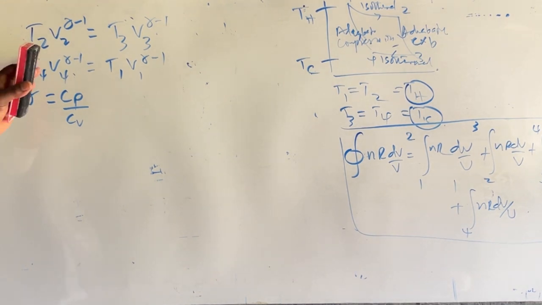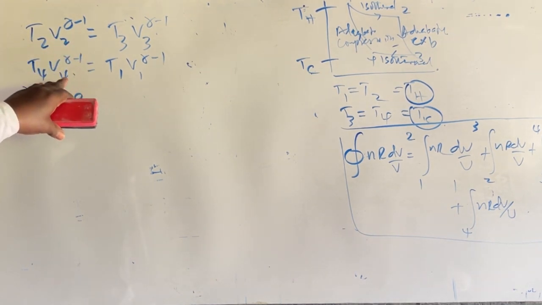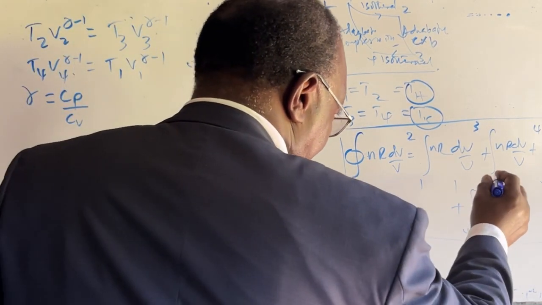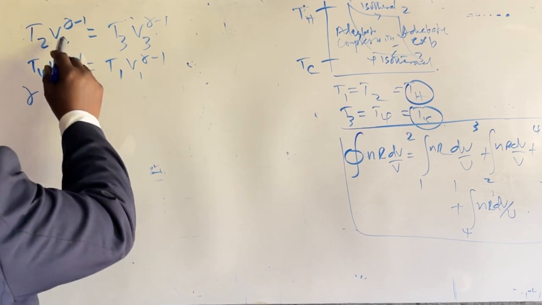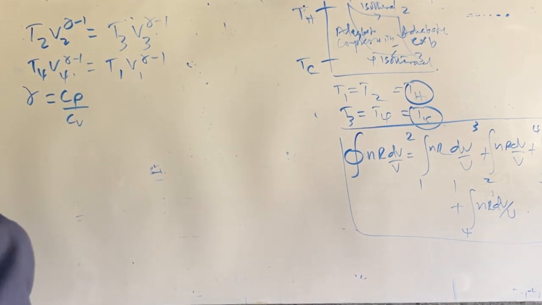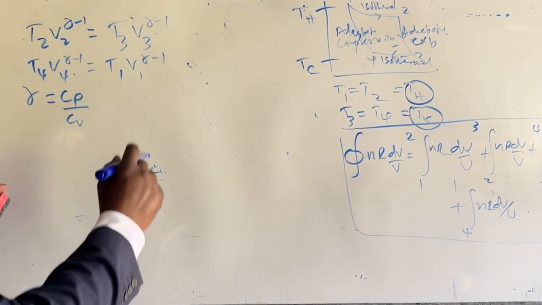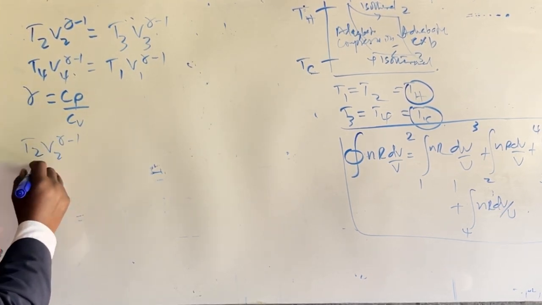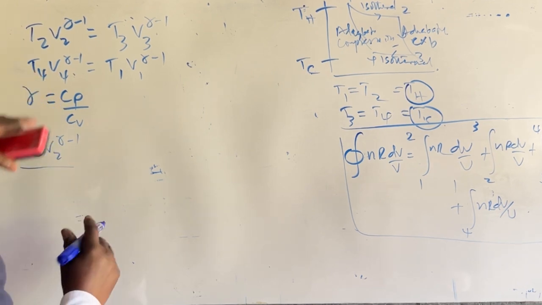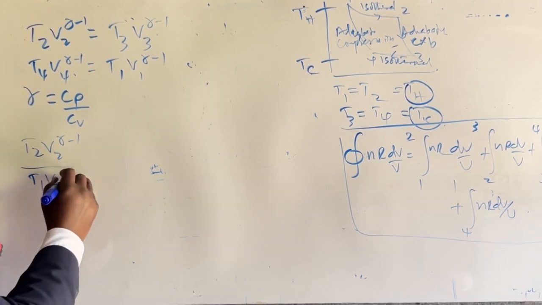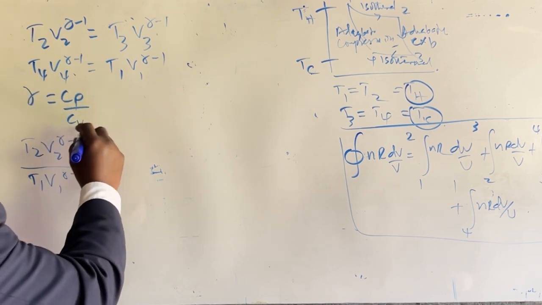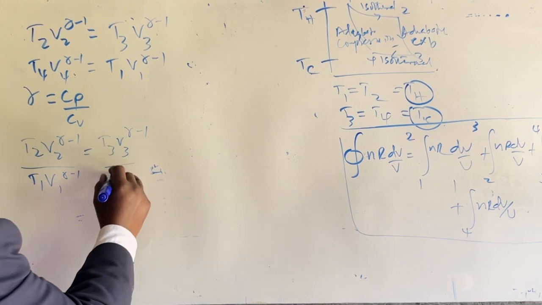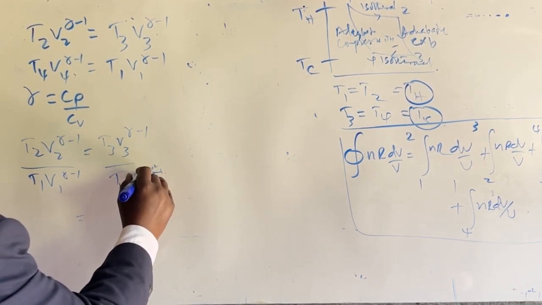So we can use these expressions to relate the temperatures and the volumes. For example, you realize that T1 equals T2, so T2 V2^(gamma minus 1) over T1 V1^(gamma minus 1) will be equal to T3 V3^(gamma minus 1) over T4 V4^(gamma minus 1).